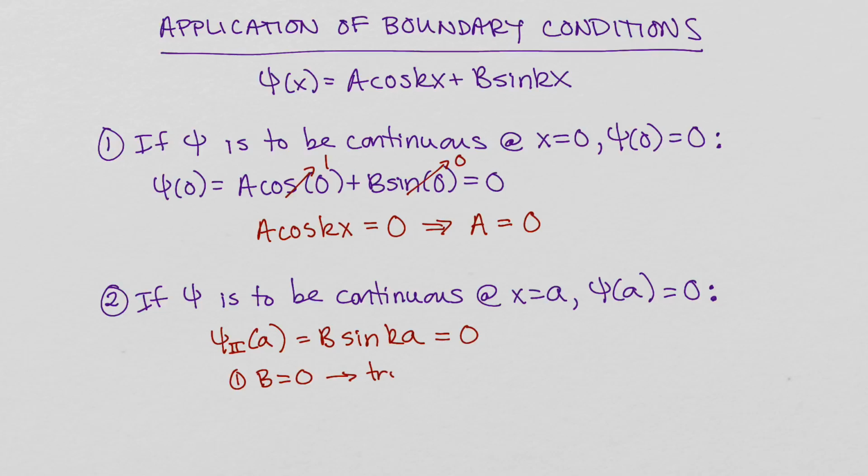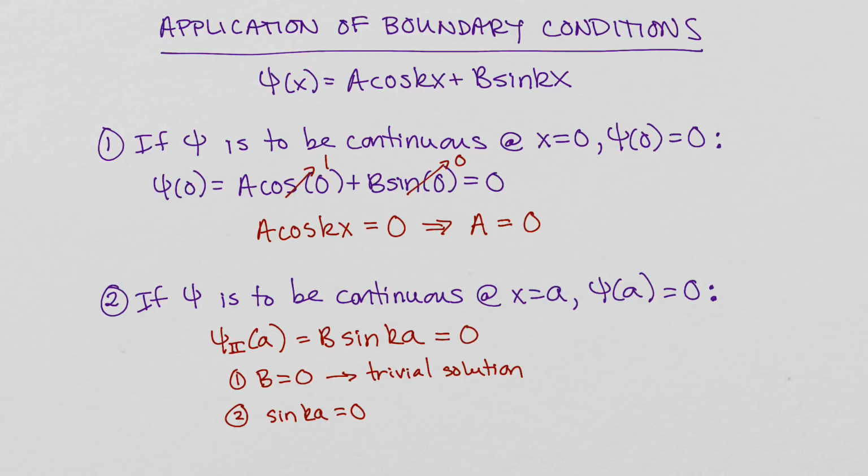So this is what we would call a trivial solution. Okay, so we want to see if we can find something else that will work. The other option will be to have the sine ka part of our expression equal 0. Okay, that would also work for us.